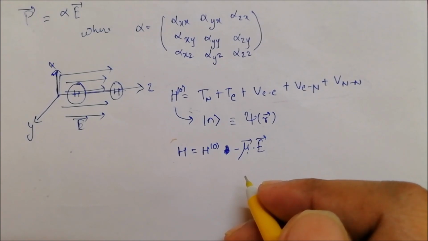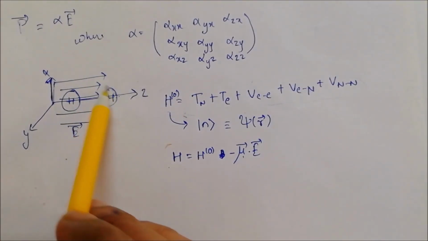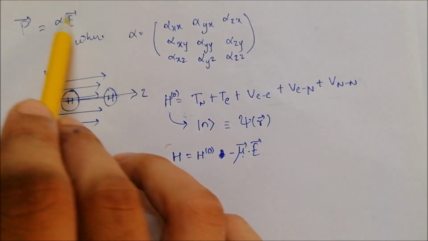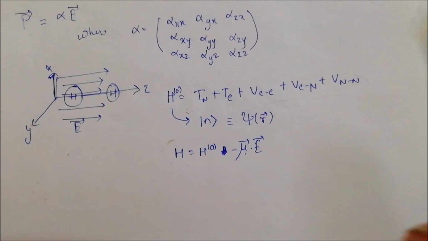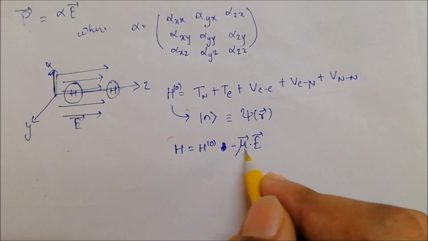Now suppose the molecule doesn't have any permanent dipole, then the electric field is going to induce a dipole, and as we saw, then the molecule is said to be polarized, and then the polarization is given by such relation. So here is our modified Hamiltonian.